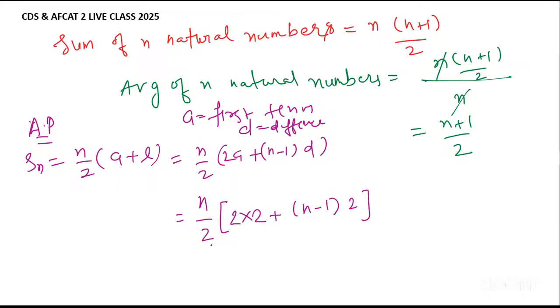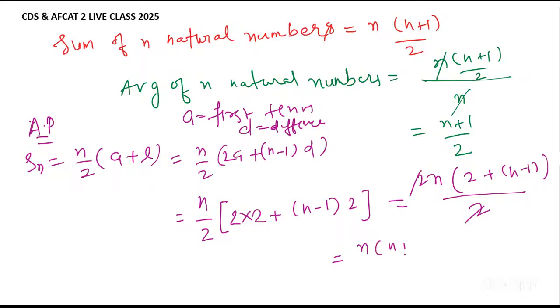Okay, so take 2 common. You will get n upon 2 times 2 plus n minus 1 upon 2, and 2 you have taken common from outside, then it will be n, and from here n plus 1.